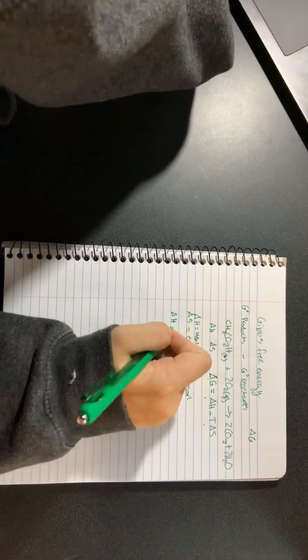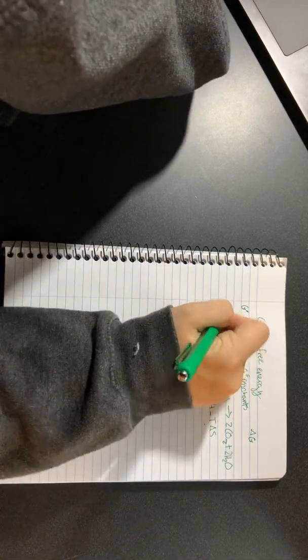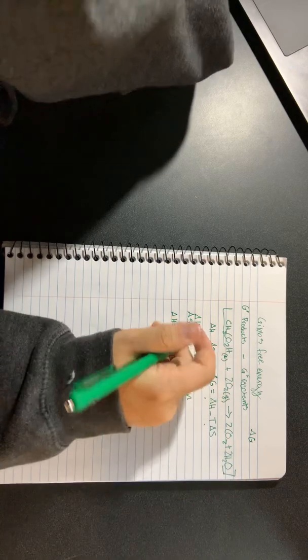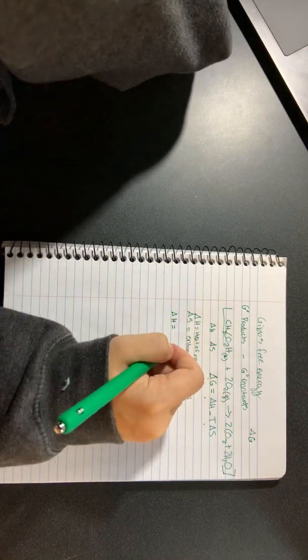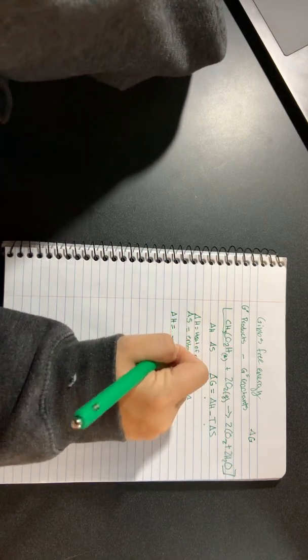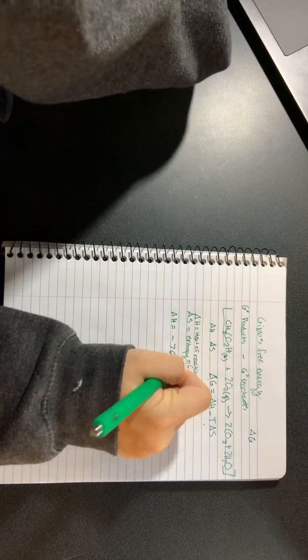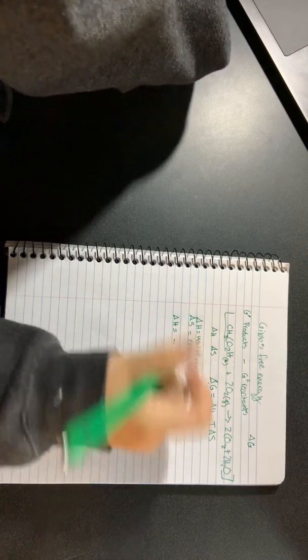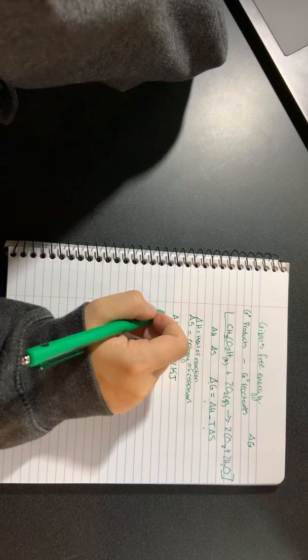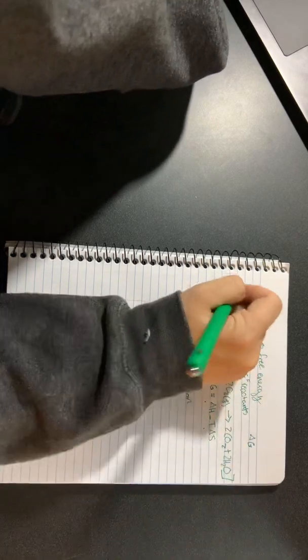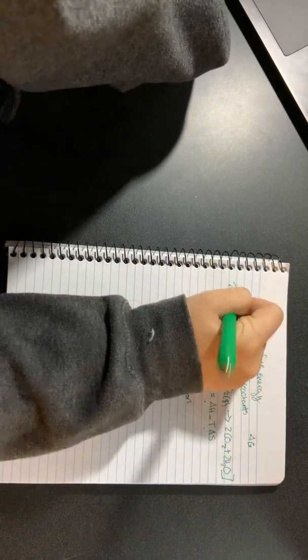So we're going to say, for this equation, delta H is going to be equal to negative 764 kilojoules, and temperature is 25 degrees. I meant to say that up here, 25 degrees Celsius.